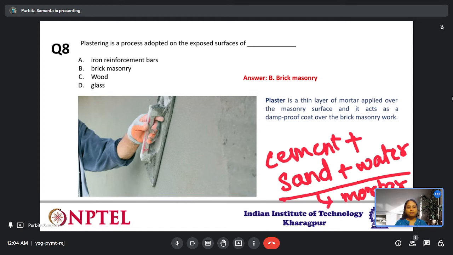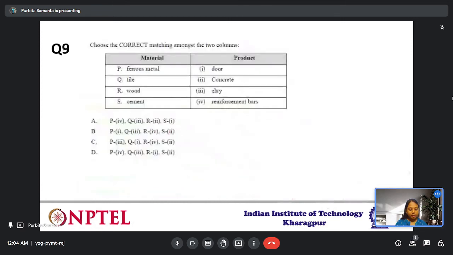Moving to our next question, choose the correct matching amongst the two columns. On the left hand side, we have the material: ferrous metal, tile, wood, and cement.